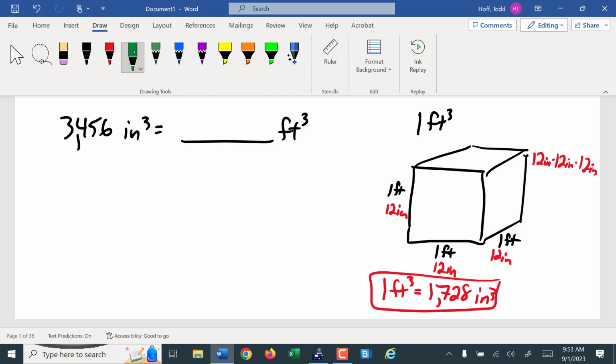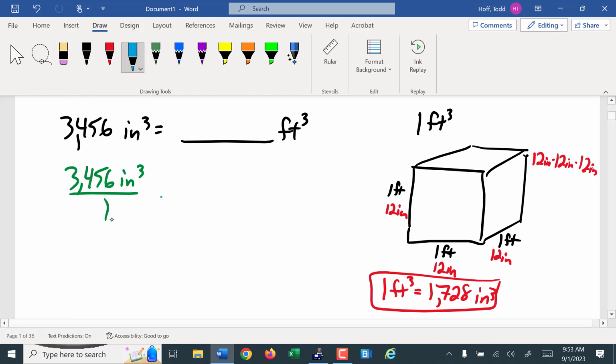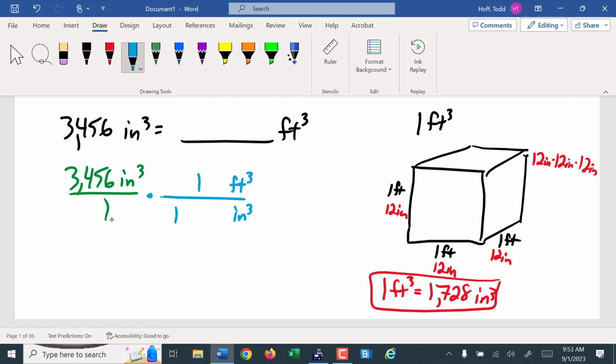So if I go back to converting my 3,456 cubic inches, put 3,456 cubic inches over 1, in my conversion factor, cubic inches go on bottom so that they cancel out. Cubic feet will go on top so I can convert to it. 1 cubic foot is 1728 cubic inches. Cubic inches cancel out.